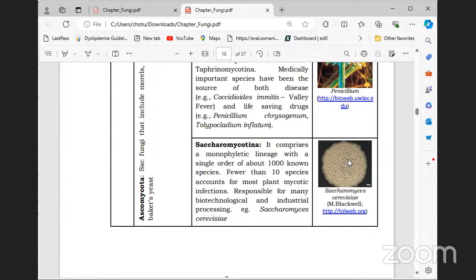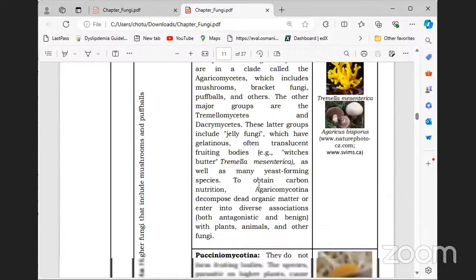Saccharomyces cerevisiae is very important. A question to ask: the fungus used in industry and laboratory is Saccharomyces cerevisiae.